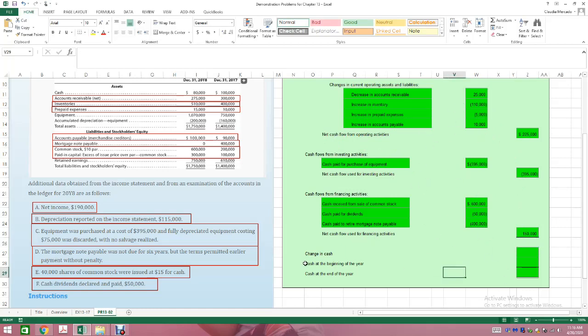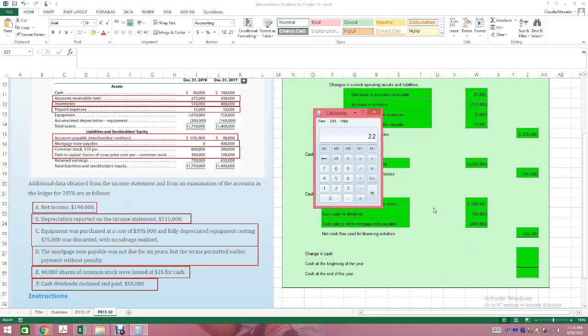Okay? Now, change in cash. Your change in cash, you add the three totals together. You add your $225,000 from your operating.